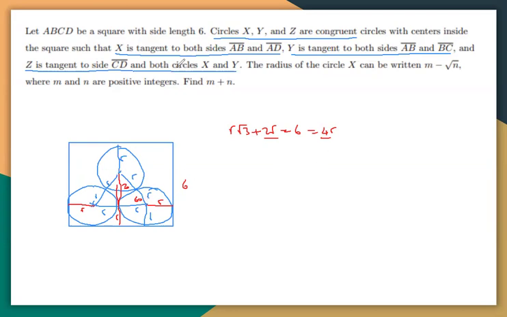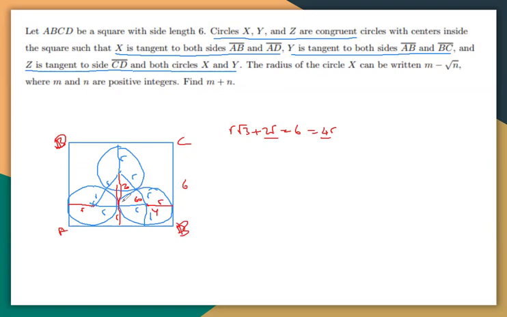This tells us the figure shouldn't be like this, because we are told carefully the circles are congruent, that's great, but X is tangent to AB and AD. Let's say this is X, and this is A, B, and then C and D. So AB and AD, and then Y is tangent to AB and BC, which makes this circle Y. And then the third one, Z, is tangent to CD, which is right here, and the other two circles.